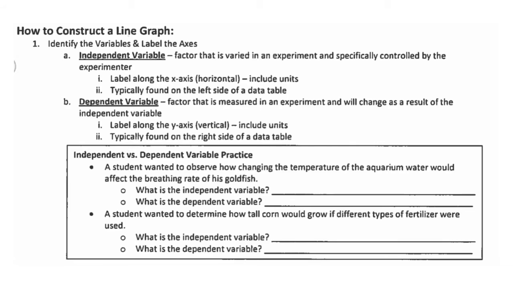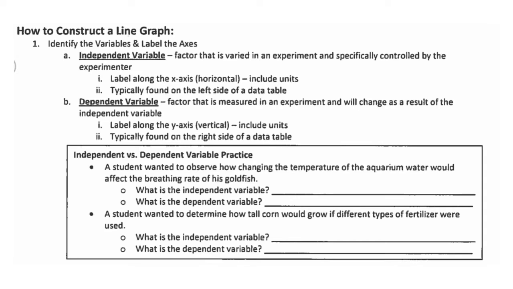Okay, so just like we did last week in math class, the first thing you need to do is identify your independent and dependent to make sure that you're labeling correctly, and you can read back through the top up here as we're going through if you need to. But let's look at the example practice problems. It says a student wanted to observe how changing the temperature of the aquarium water would affect the breathing of the goldfish.